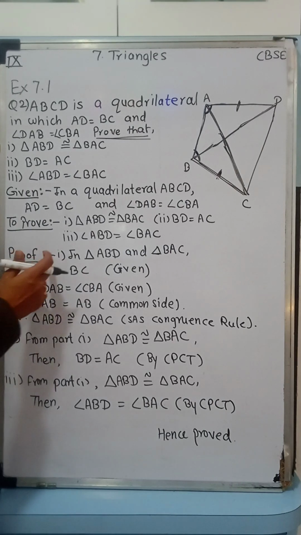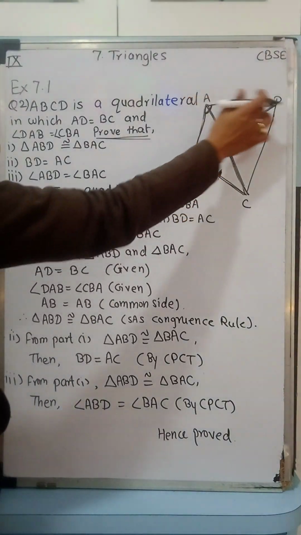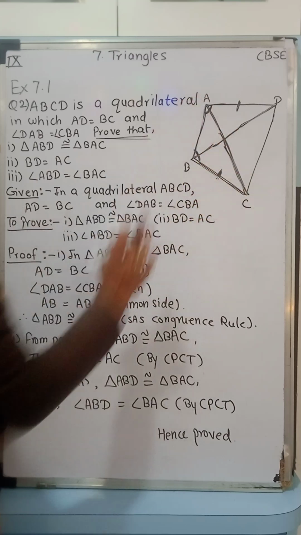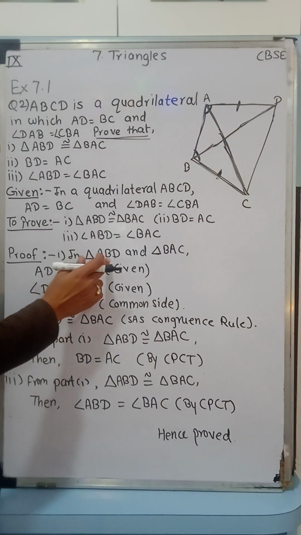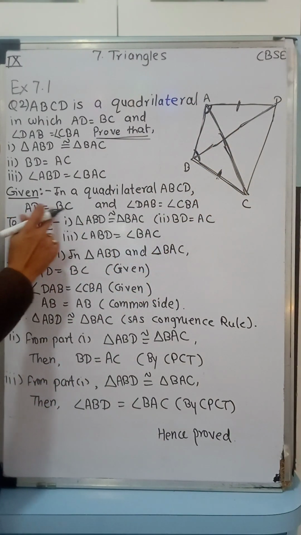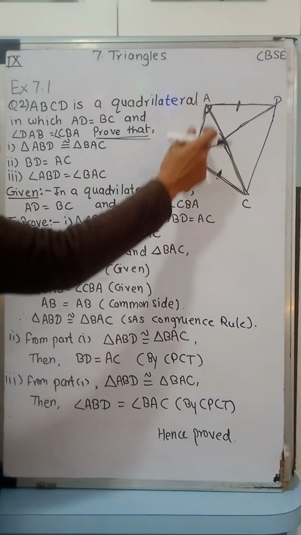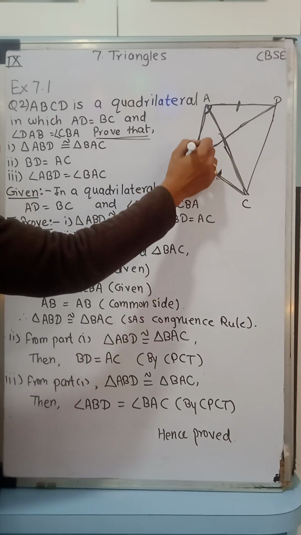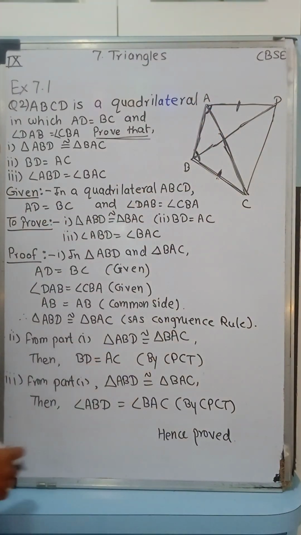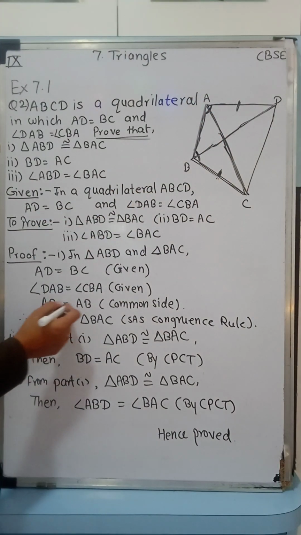Now in the proof, we need to show that these two triangles are congruent to each other. So in triangles ABD and ABC, as given, AD is equal to BC. These sides are equal, and these angles are equal. Now we can see AB is the common side, so AB is equal to AB.